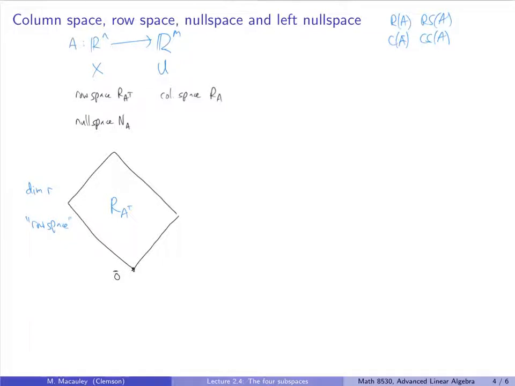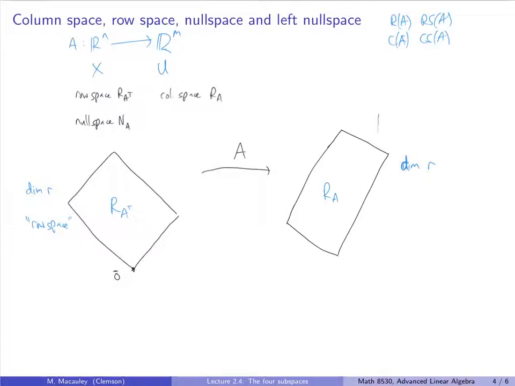And then one big idea is that A, when restricted to this space, is a bijection. So in other words, if we apply A, we map onto the column space. This is the range of A. So this is also an r-dimensional subspace.